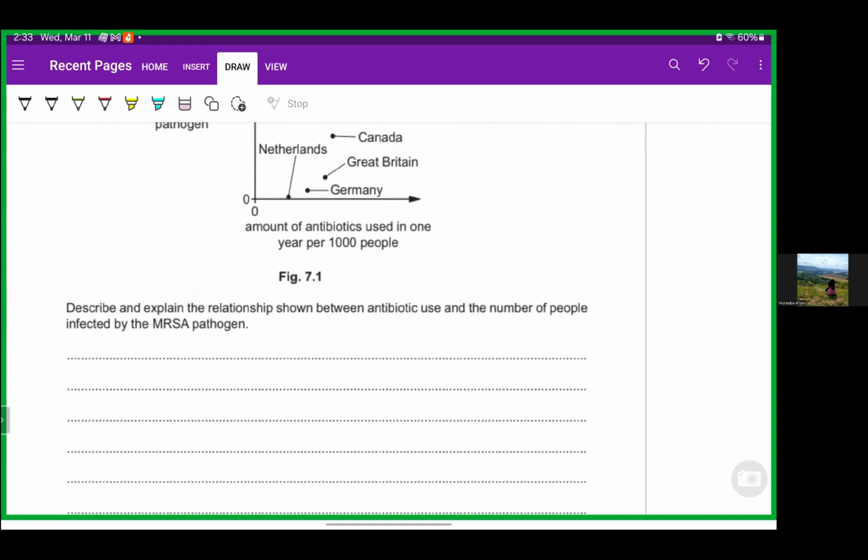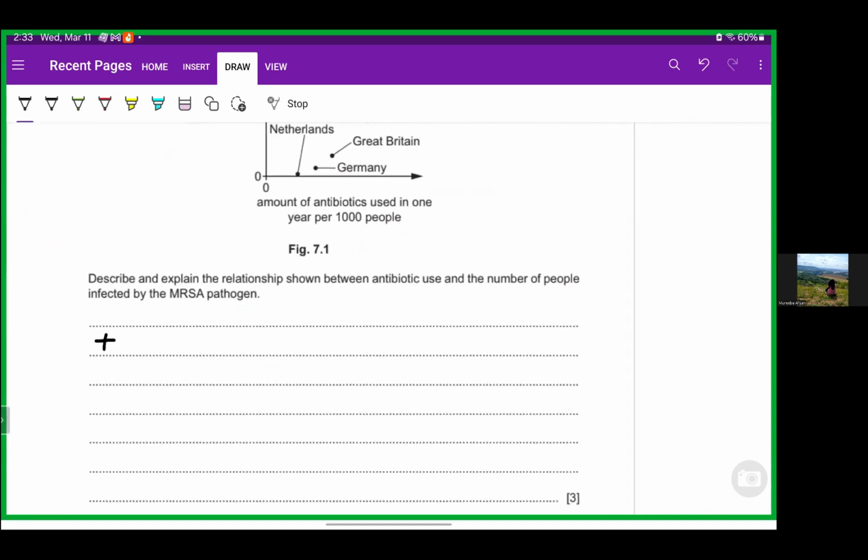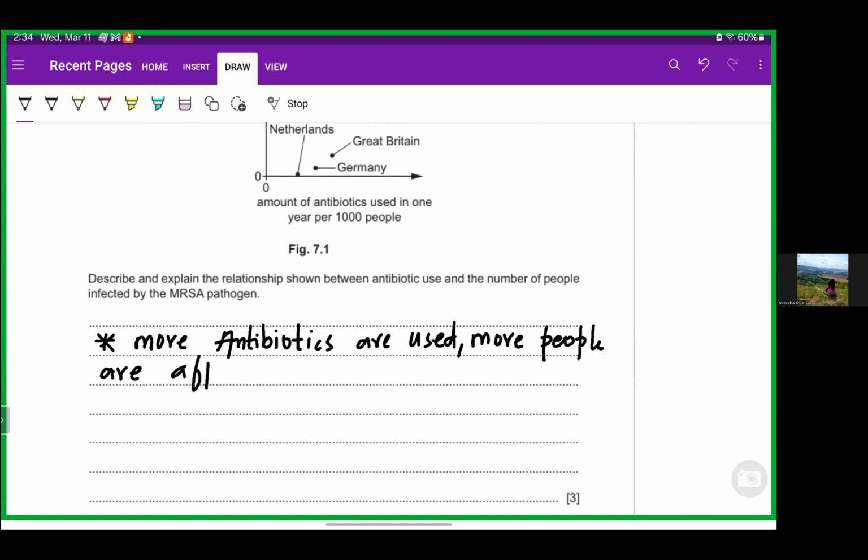So as more antibiotics are used, more people are affected by the pathogen. Why is it so?